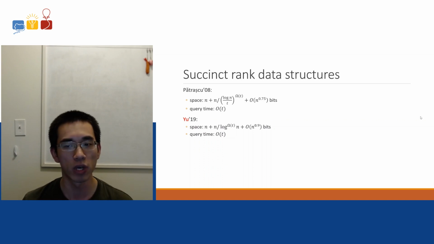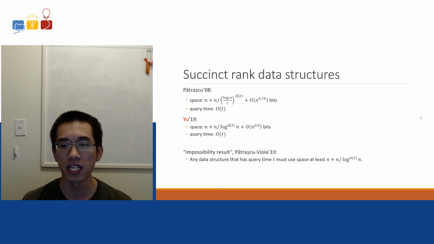And now, if we want the extra space to be n to the 0.99, then the query time becomes log n over log log n, and this is asymptotically better than the previous one. And to make such an improvement, the data structure applies an interesting connection to something called non-negative tensor decomposition. But in this talk, let me just skip the details.